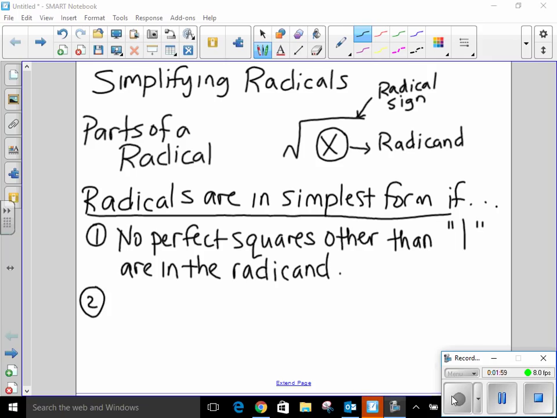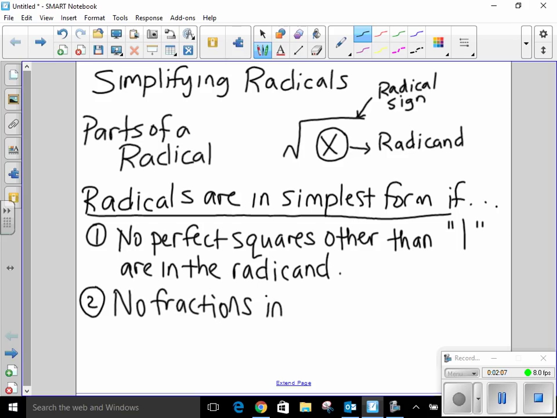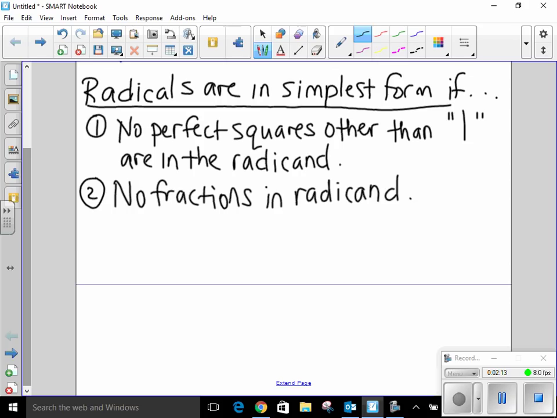The second thing that has to be true is that there can be no fractions left in the radicand. You will start with them in your problem, but by the time you get done simplifying, there will be no more fractions left over. And the third thing is that no radicals can appear in the denominator.